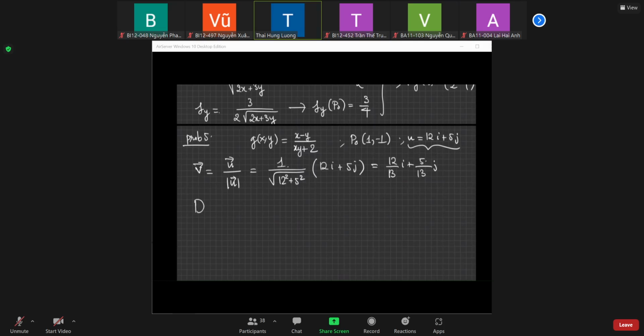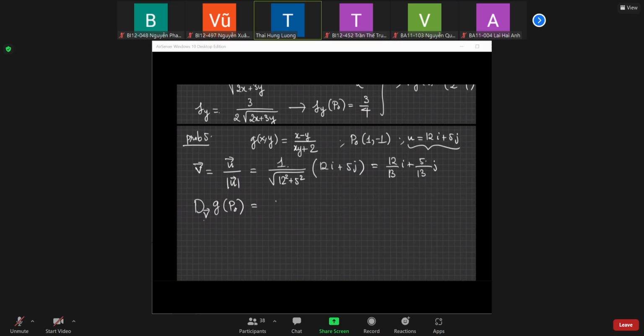And now here is the notation of the directional derivative. You can see, with the vector v as the direction, g as the function, and p0 as the given point, this is the notation of the directional derivative of g at p0 along the direction v.